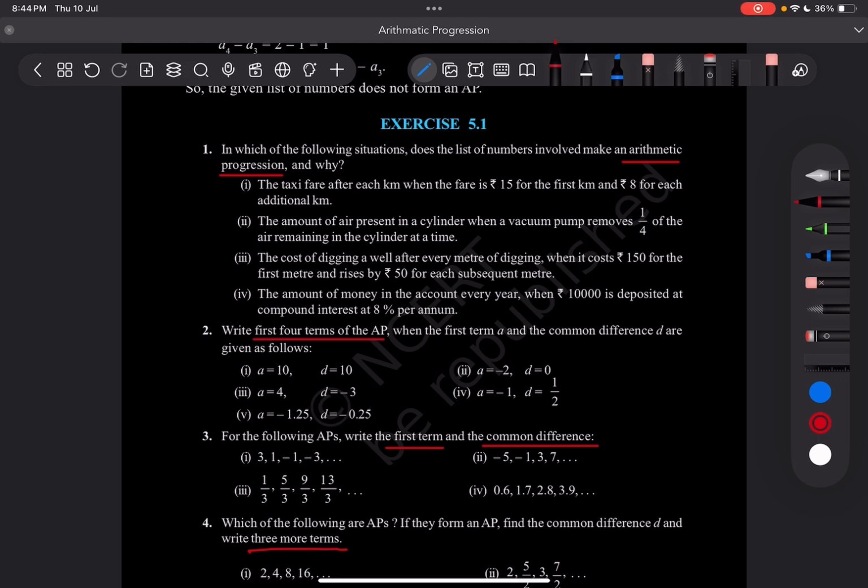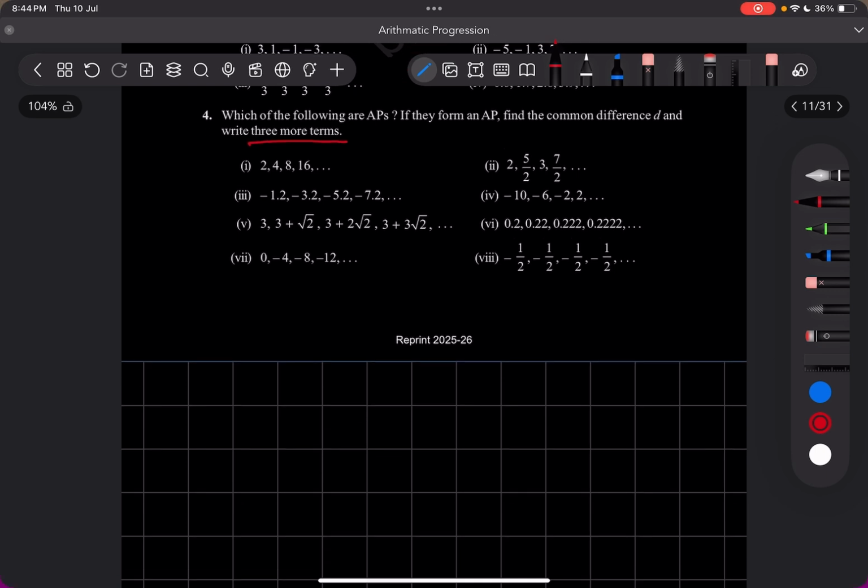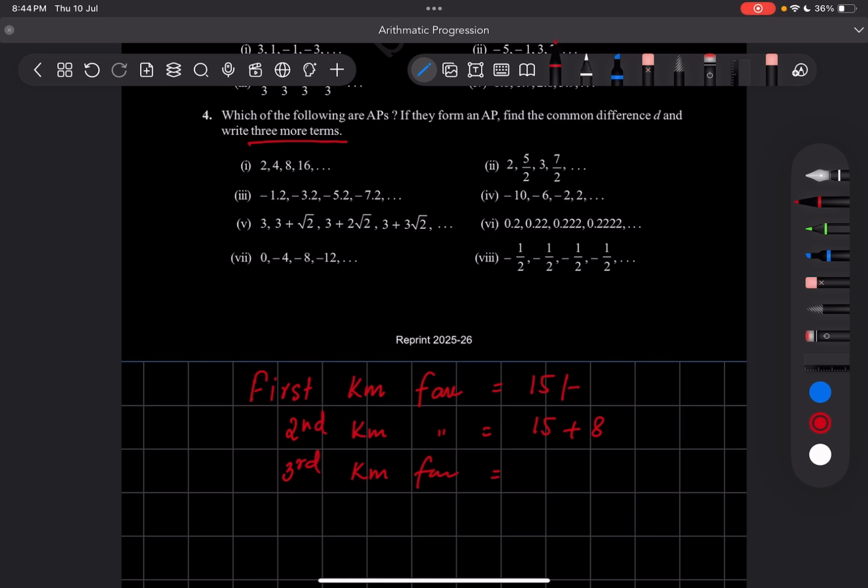If we have to write this as an equation, we can write it as: first kilometer fare ₹15, second kilometer fare is equal to 15 plus 8, third kilometer fare is equal to 15 plus 2 times the common difference, that is 8.